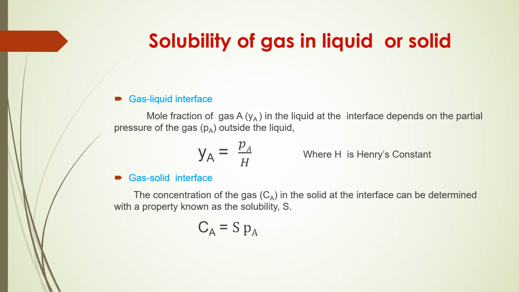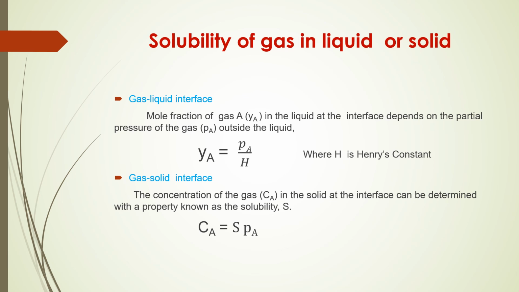Next we will see how to calculate the concentration of a gas at gas-liquid and gas-solid interfaces. If you take a gas-liquid interface, the mole fraction of the gas can be calculated from the partial pressure of the gas and the Henry's constant of the gas. So YA equal to PA by H, where H is Henry's constant.